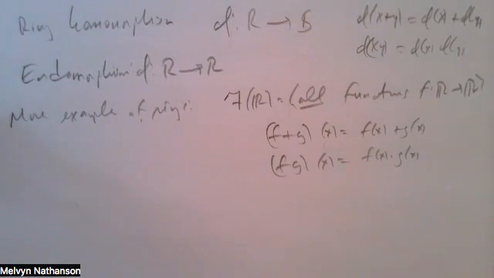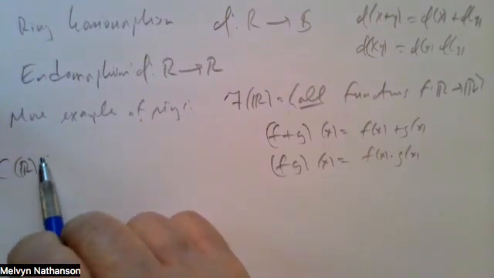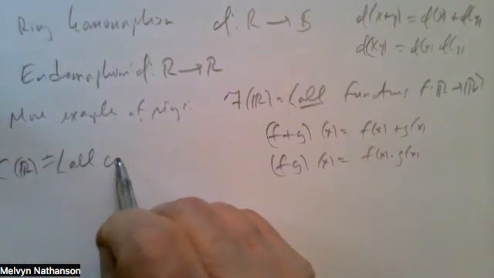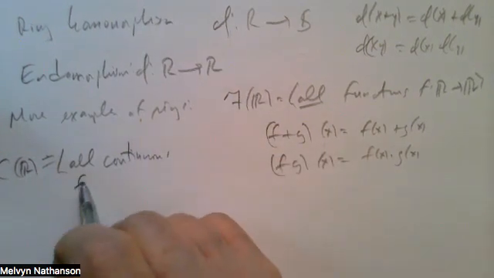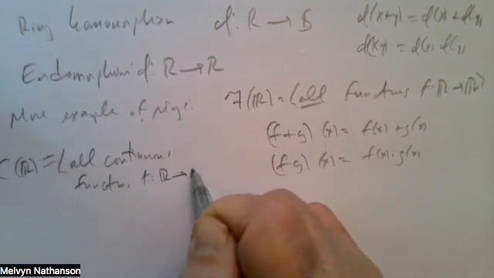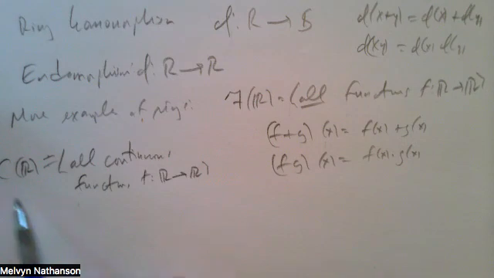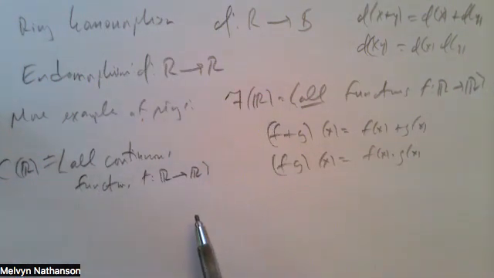So they form a ring. In calculus, you start off by studying C of R, which is all continuous functions f from R to R. So the continuous functions are a subring of the ring of all functions.